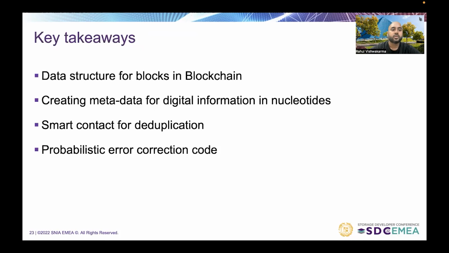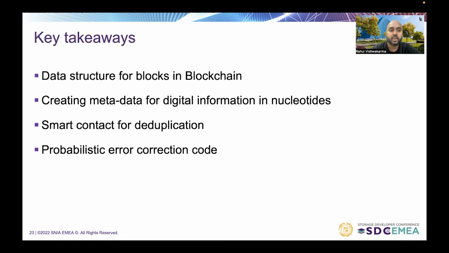Now, overall, the key takeaway for this talk is that there is a need for designing a mechanism, not compression, but deduplication based, which is good for genomic data, and it will finally reduce the overall cost of synthesis.